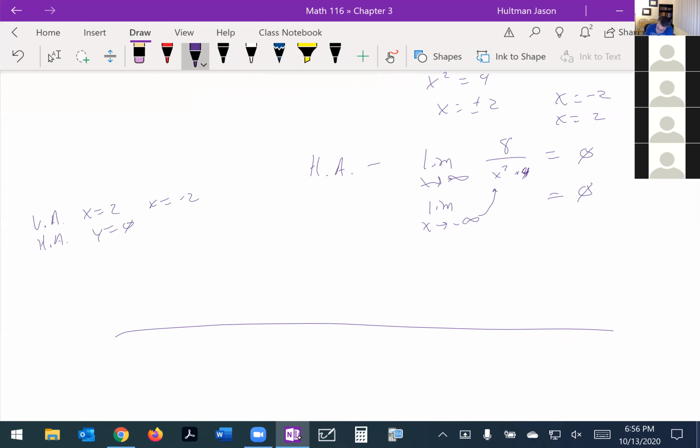I also know that there is a relative max at the point 0, negative 2, which is also the y-intercept.